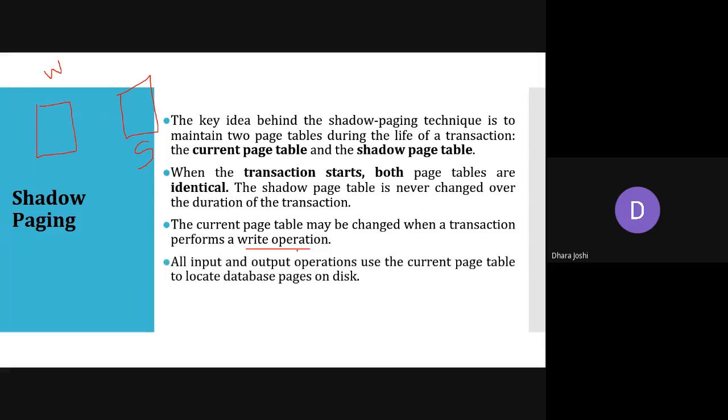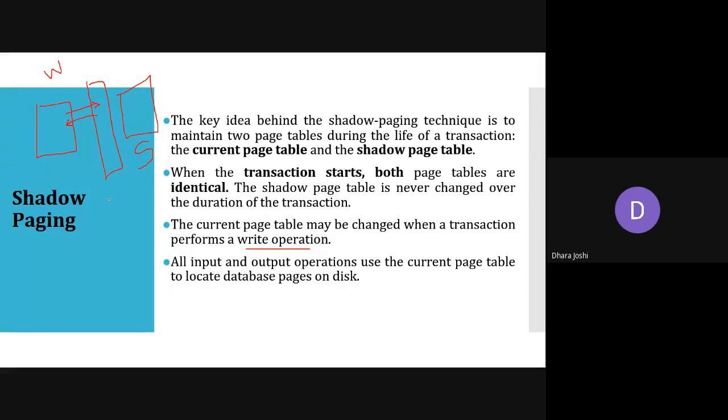All input and output operations use the current page table to locate the database pages on the disk. Suppose here we have a disk. Input and output, like this is an output, this is an input. For that, it deals with the current page table only, because the current page table works as a kind of local variable.